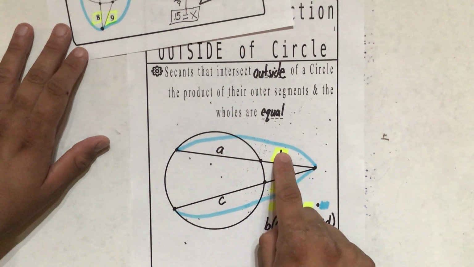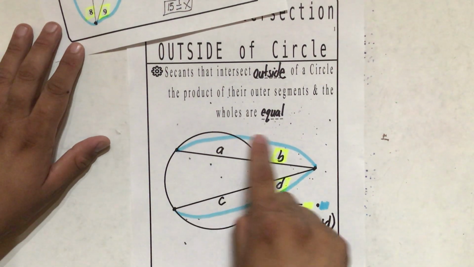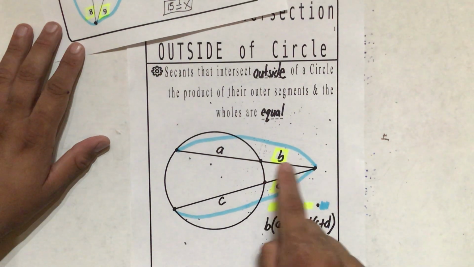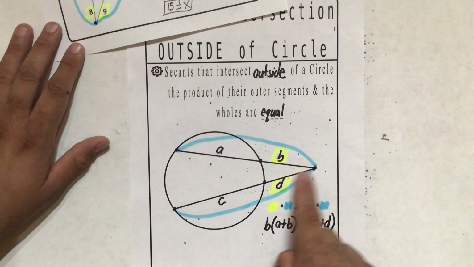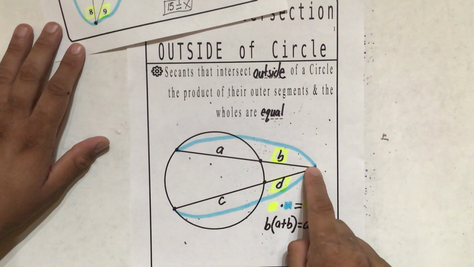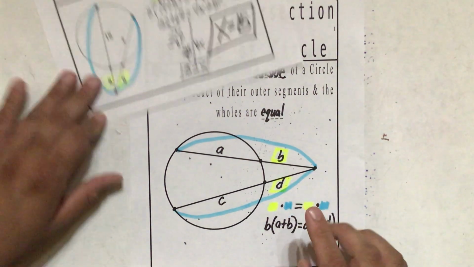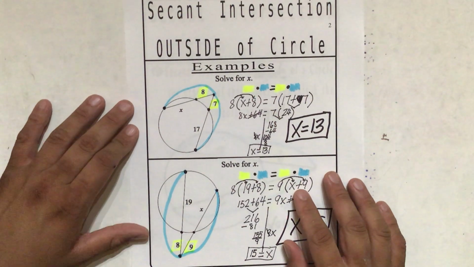The outside is yellow, or you can use whatever colors you want, times the whole thing. So the outside times the whole thing is equal to the outside times the whole thing, right? We did that on every single example.